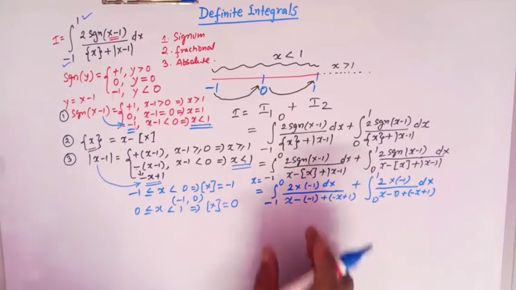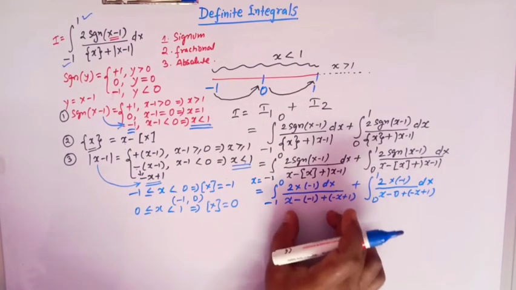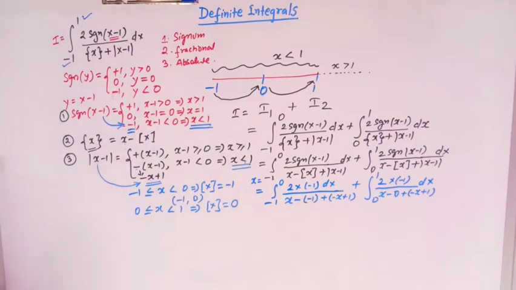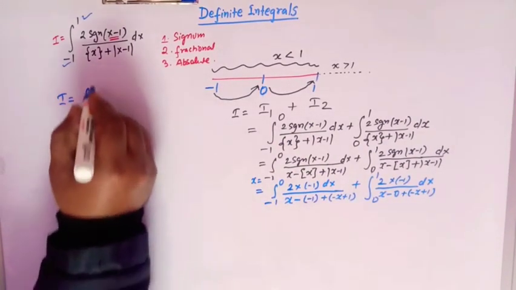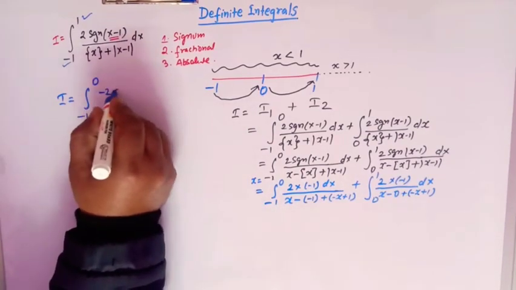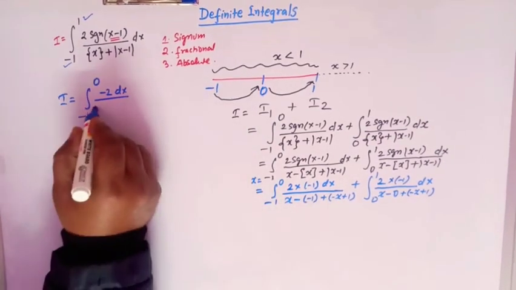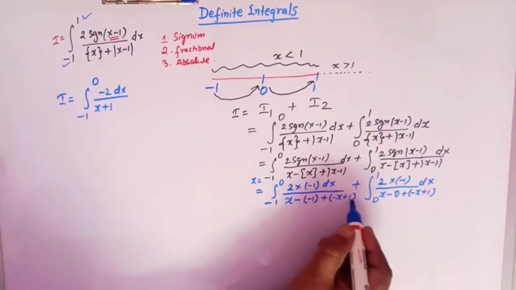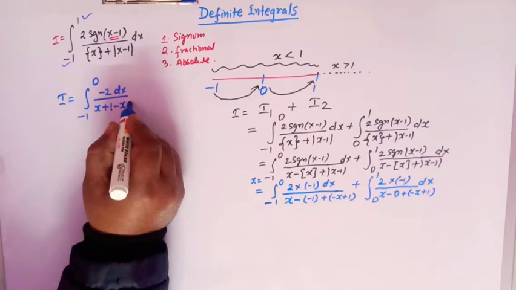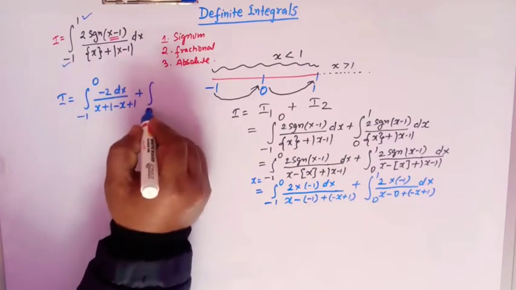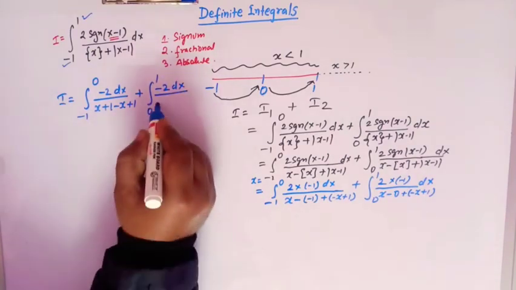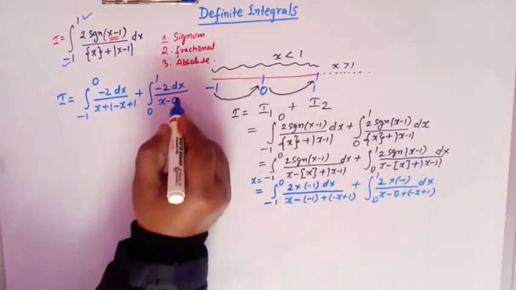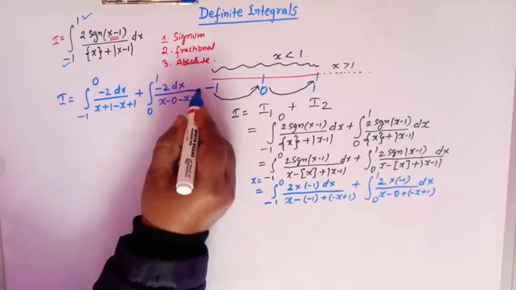So viewers, once we have arrived at this step, now we can easily solve these two integrals. So now we have the first integral from -1 to 0, and we have minus 2 dx over x plus 1, then minus x plus 1, and then we have 0 to 1, and we have minus 2 dx over x minus 0, and minus x plus 1, right?